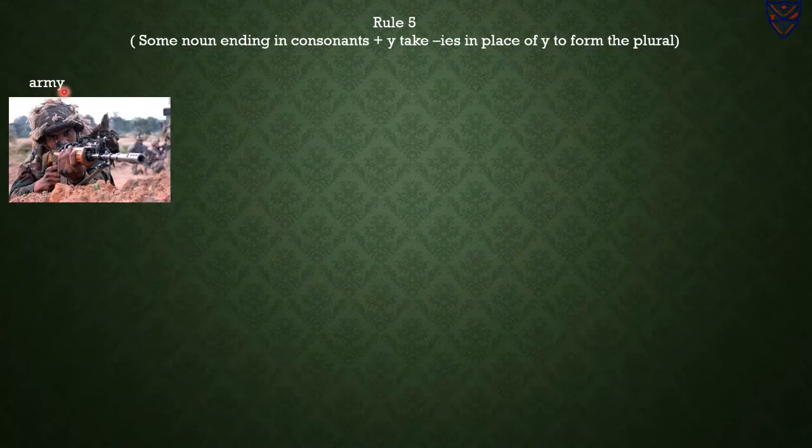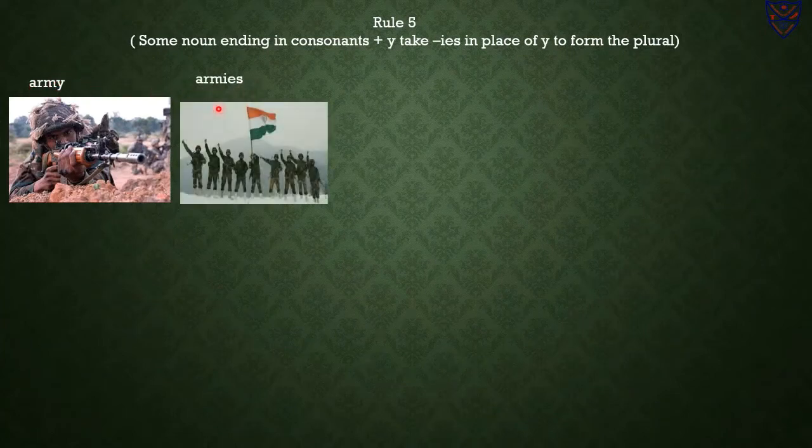If y is at last and before that a consonant is there, here also we have to cut y and put ies, armies. To convert singular into plural, we have to cut y and put ies. But here the rule is that before y it should be a consonant.